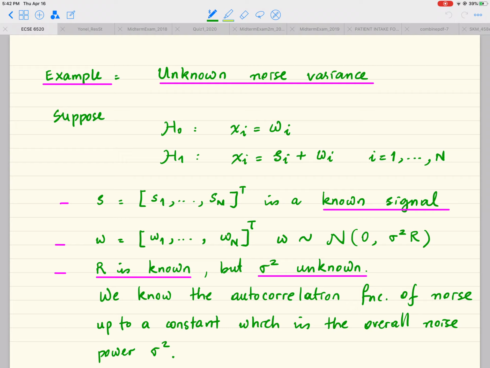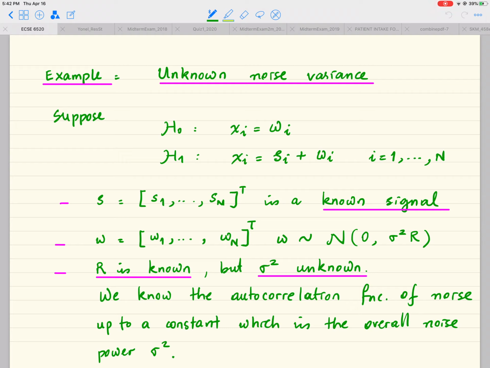Or it could be a radar or sonar problem where we transmit a signal, and if there is a scatterer out there, it's going to reflect back to the transceiver, and we will observe signal plus noise. Or the signal will indefinitely propagate, and we will simply observe the noise, okay? So here we vectorize the signal S into a vector of dimension n, and of course the signal is known, and we vectorize noise into a vector of dimension n.